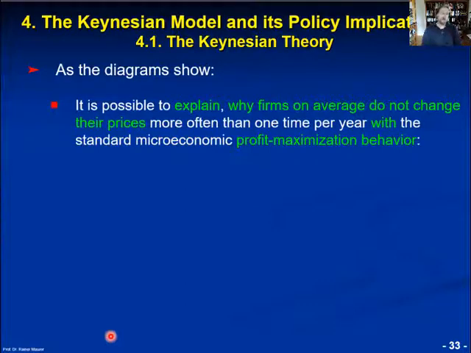This diagram shows it is possible to explain why firms on average do not change their prices more often than 1 time per year, with standard microeconomic profit maximization behavior.